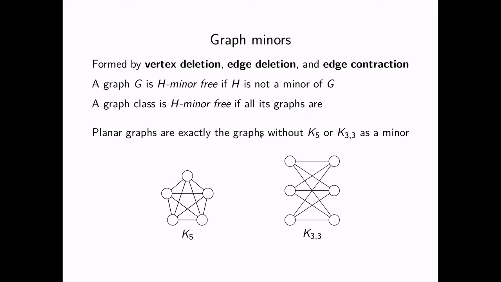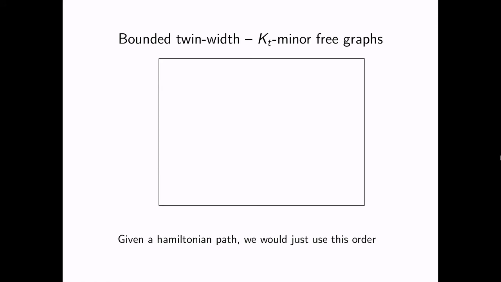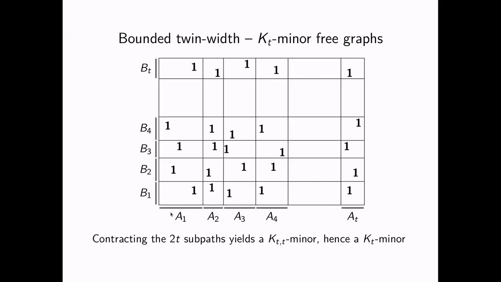And planar graphs are exactly graphs excluding K5 and K3,3 as a minor. So we'll use the previous theorem to show that K_t minor free graphs have bounded twin-width. So we'll only show it in the case where the graph is Hamiltonian. So if the graph is Hamiltonian and we're given the path, we can order along this path.